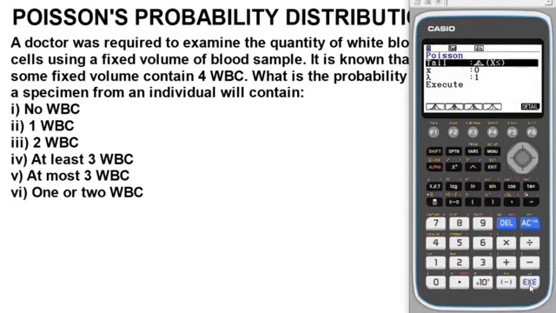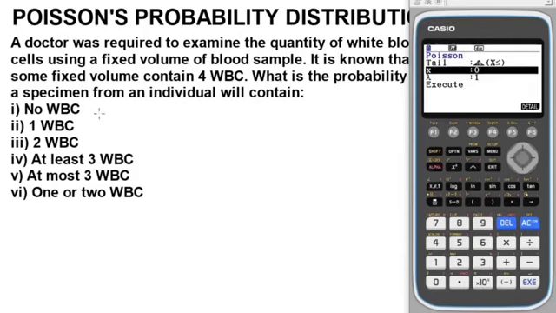Okay. Now, this place is critical, guys. When you misplace any value here, you will get the entire solution wrong. So pay attention. For this question, our x value will be the respective parameter we have to find: when there is no white blood cell, when there is 1 white blood cell, when there are 2 white blood cells, when there are at least 3 white blood cells, and the rest of them.